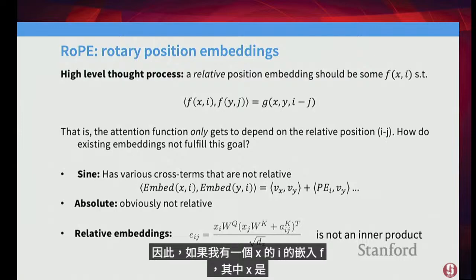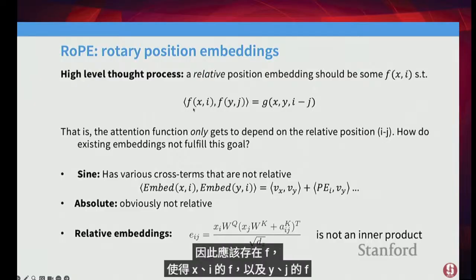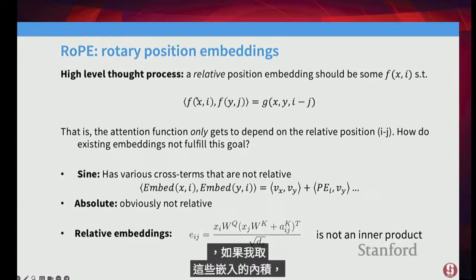So if I have an embedding f(x, i), where x is the word I'm trying to embed and i is my position, then there should exist an f such that if I take the inner product of f(x, i) and f(y, j), I can write this down as some different function g, which is a function of the two words and the difference in their positions. This is a definition that enforces basically absolute position invariance, so you only pay attention to how far apart these two words are.